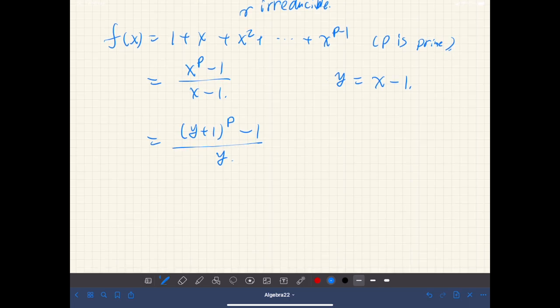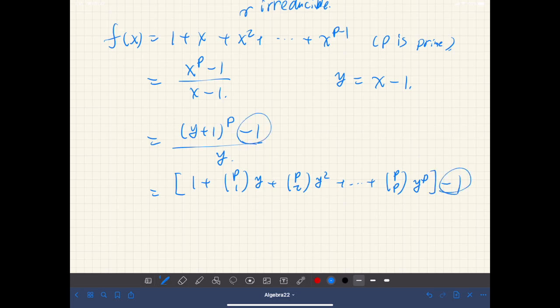And by using the binomial theorem, the numerator is equal to 1 plus p choose 1 times y plus p choose 2 y squared and so on, and p choose p y to the power of p, minus 1, all divided by y.